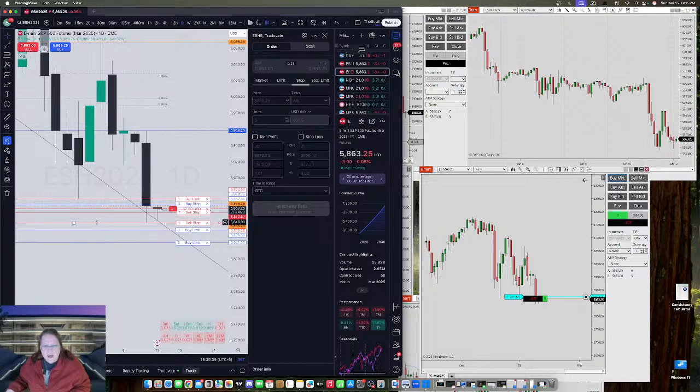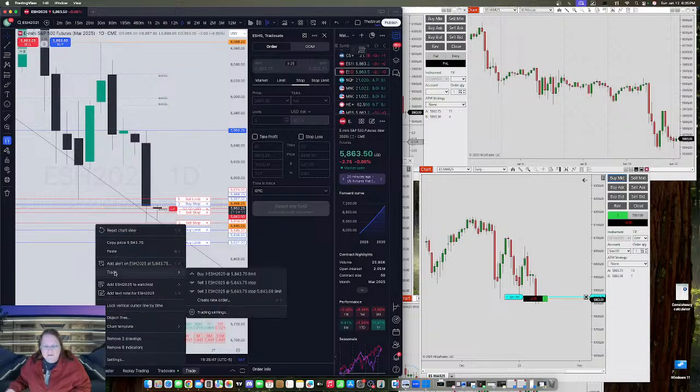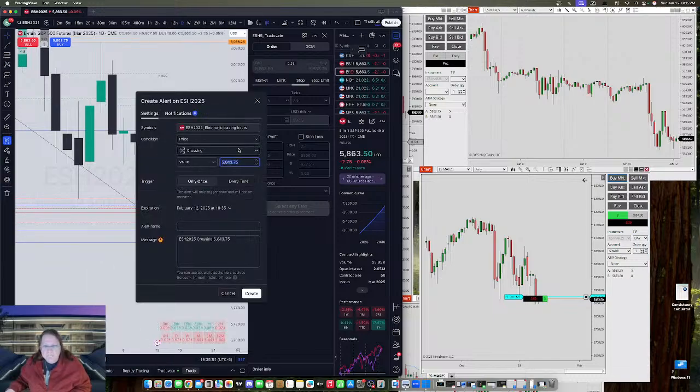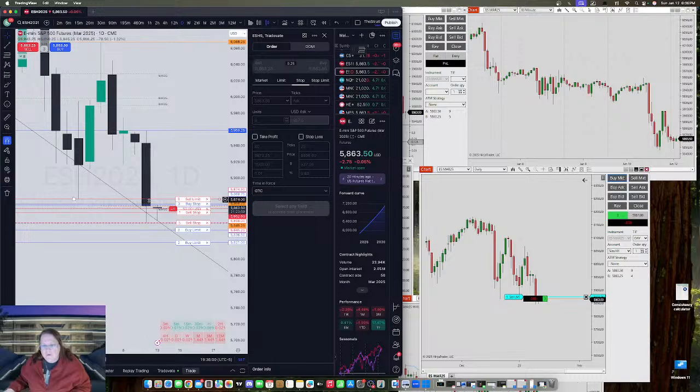Either way, I'm going to have alerts set, and I will be able to catch the direction whenever it decides to go. Oh, I'm going to change this to 45. So that will alert me when we cross down previous day's low and previous week's low.